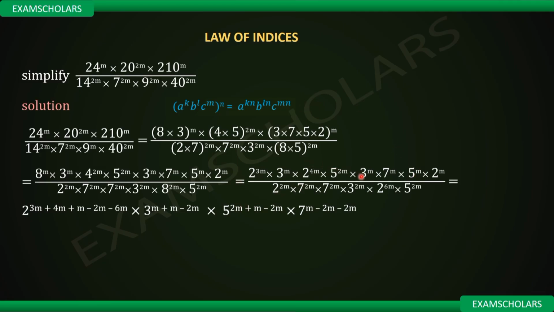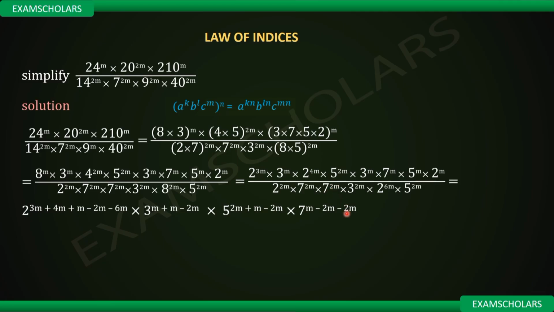Plus m here. Where's another 5? Minus 2m. We are done with 5. Now let's move to 7. 7 raised to the power m here. Where's another m? Minus 2m, your denominator. That is why it is minus. Then where's another m? Here. Minus 2m. See, that is simple.